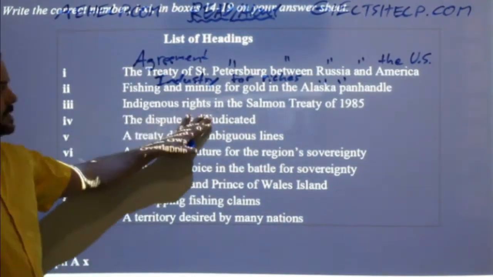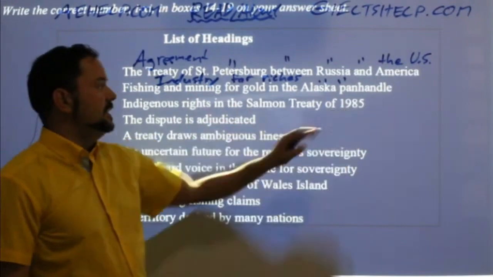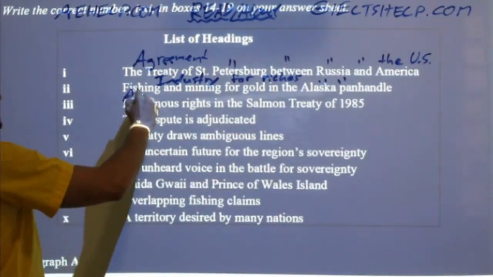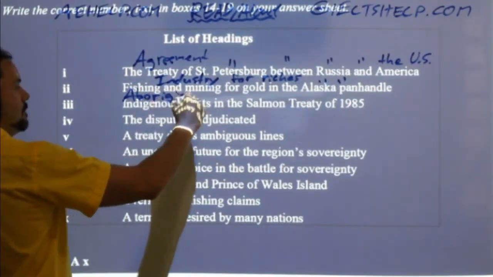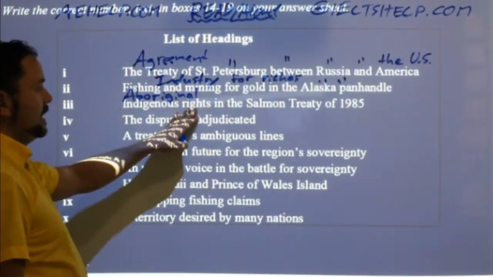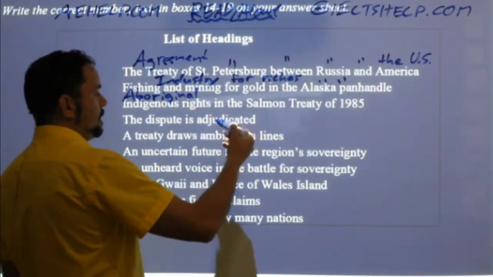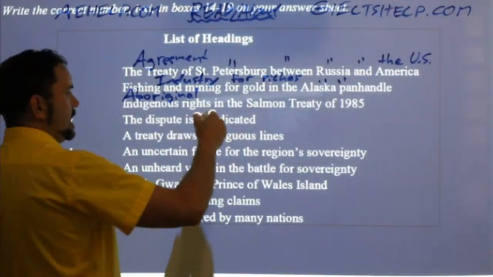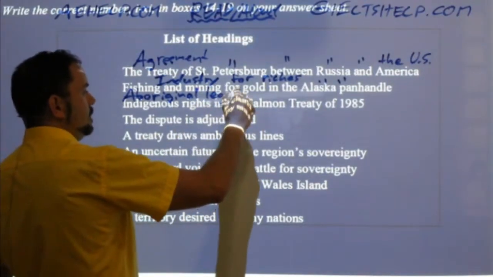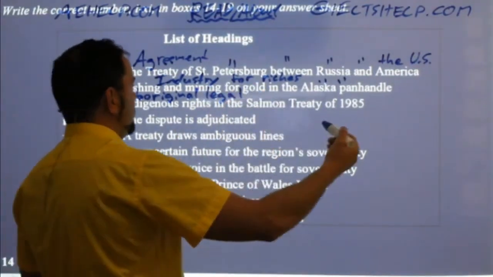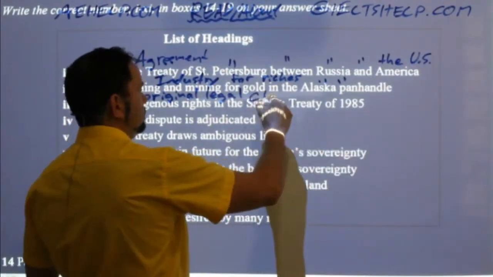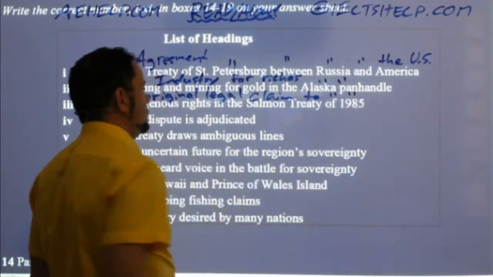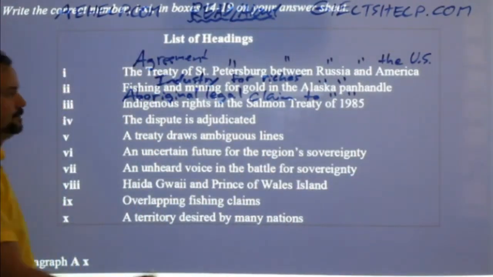Indigenous rights in the Salmon Treaty of 1985. Indigenous, another way to say that is aboriginal. Rights, another way to say that would be aboriginal legal claim to, and then the rest of it in the Salmon Treaty.